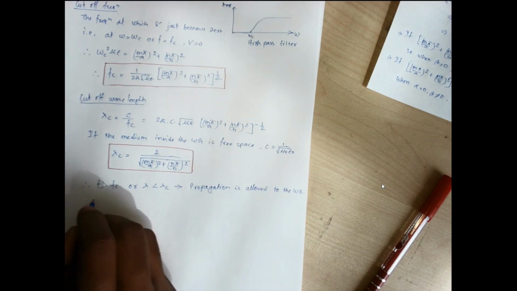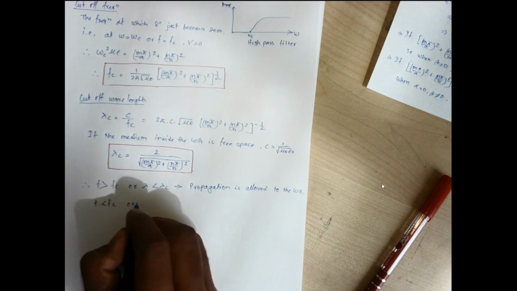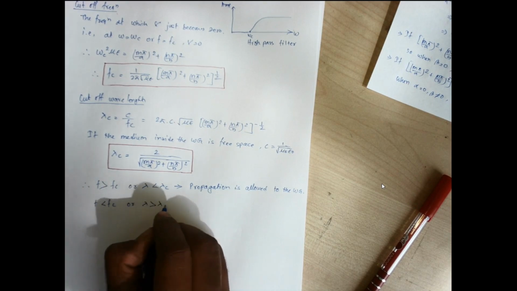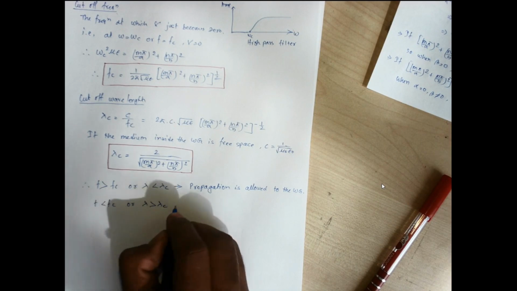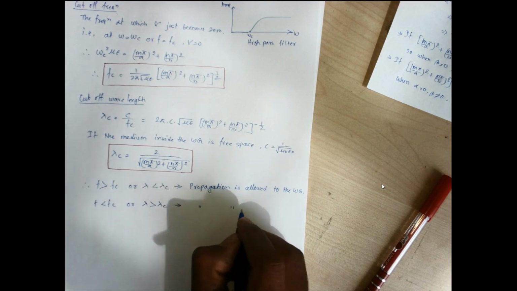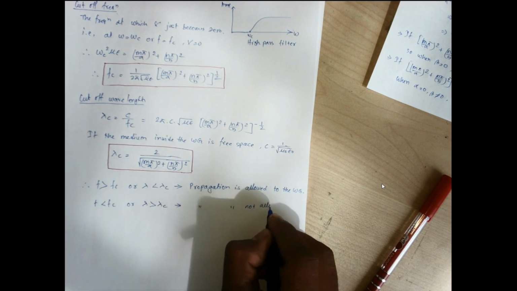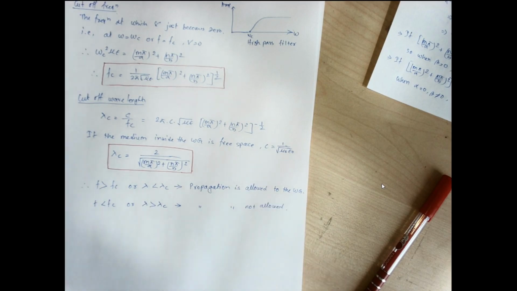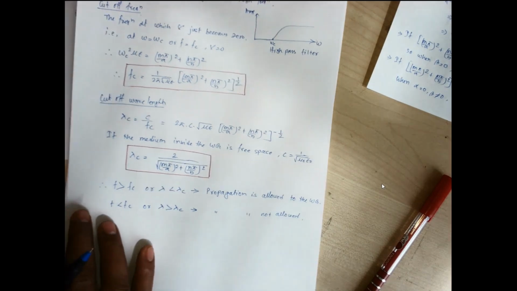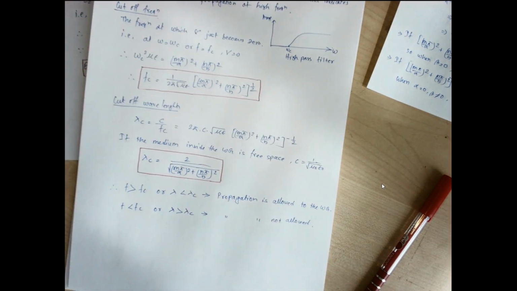For f less than fc or lambda greater than lambda c, propagation is not allowed. Okay, so it told you that only after a certain frequency will the waveguide allow propagation inside it.